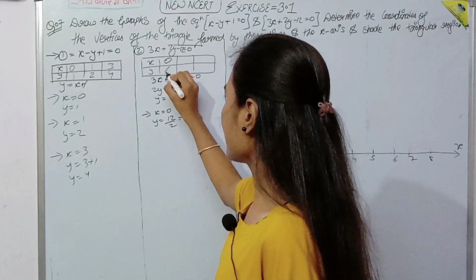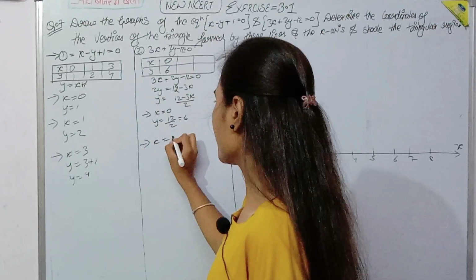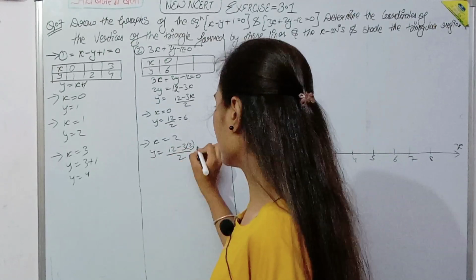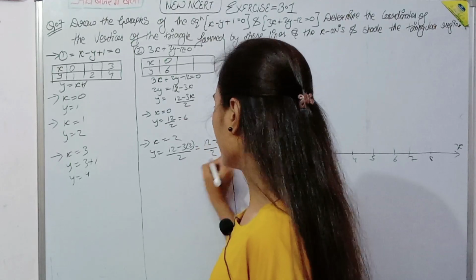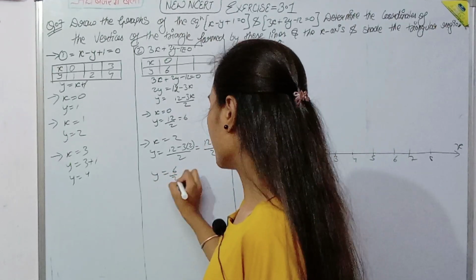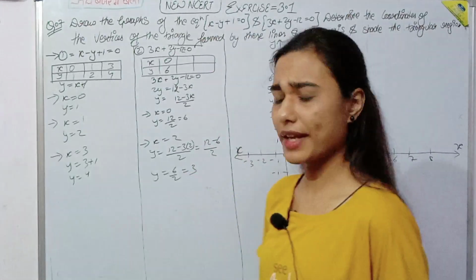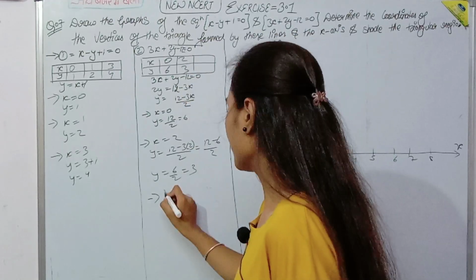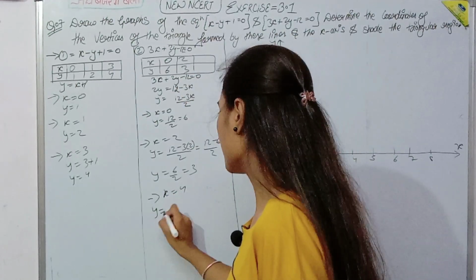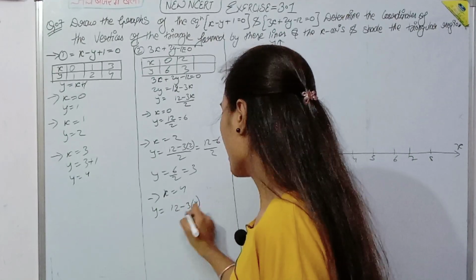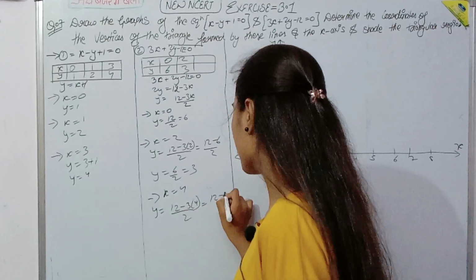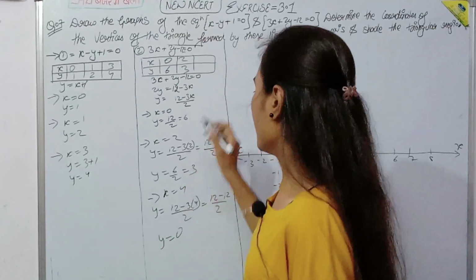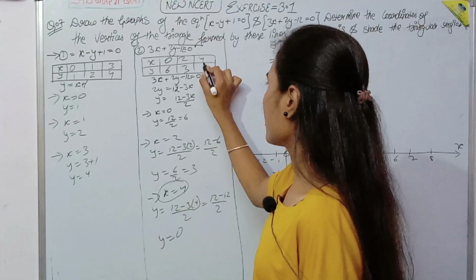Put x equals 2, then y equals 12 minus 3 into 2 upon 2, that is 12 minus 6 by 2, y equals 6 by 2 equals 3 here. Put x equals 4 here, y equals 12 minus 3 into 4 upon 2 equals 12 minus 12 upon 2. So y equals 0.